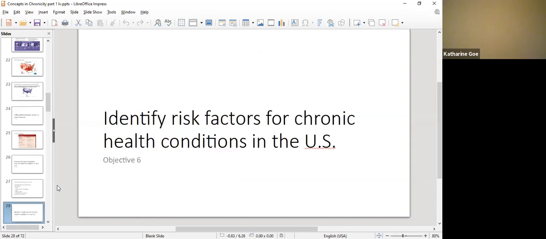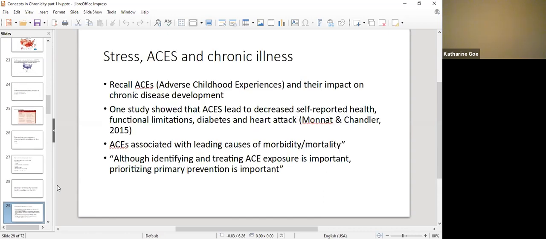So what are the risk factors for chronic health conditions in the U.S.? Thinking back to stress, ACEs, and chronic illness, you can see that stress is a huge predisposing factor for chronic illness. As you recall, with ACEs, or adverse childhood experiences, there's a direct line between the number of ACEs a child has in young life and their likelihood of developing a chronic illness.